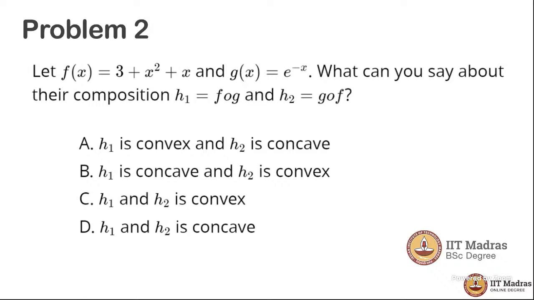G of F, I don't think it is convex because the linear thing is not satisfied. It seems to be not convex. It is a concave function, because you have exponential of x power, you have a squared power there.